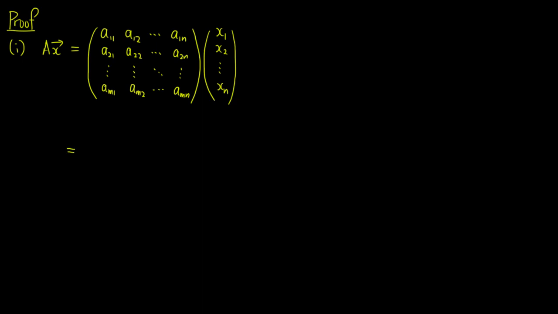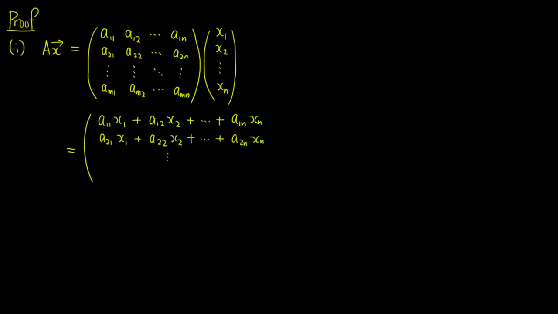This matrix vector product is a column vector with entries A11 times x1 plus A12 times x2 plus all the way to A1n times xn. A21 times x1 plus A22 times x2 plus all the way to A2n times xn. This carries on until we have AM1 times x1 plus AM2 times x2 plus all the way to AMn times xn.